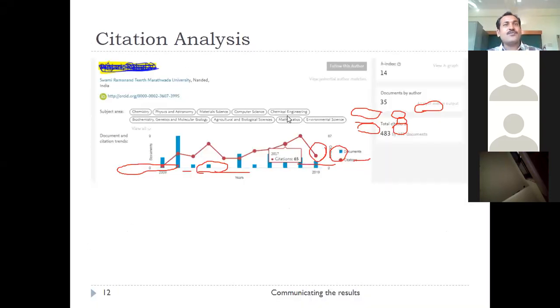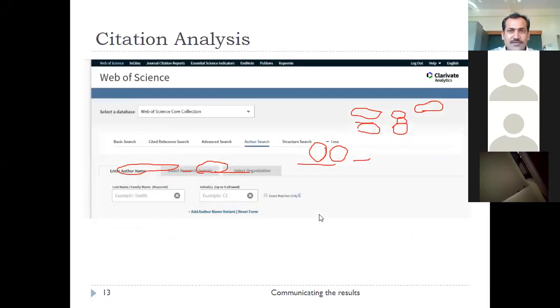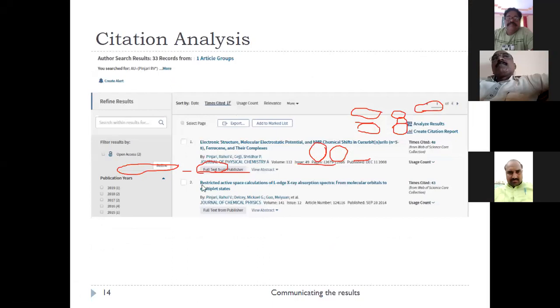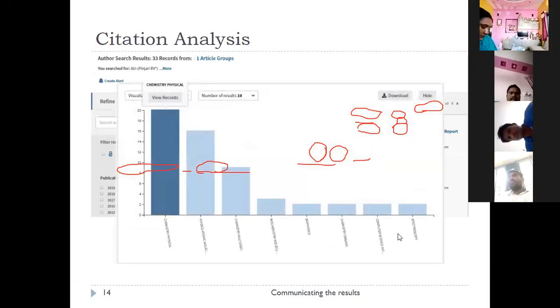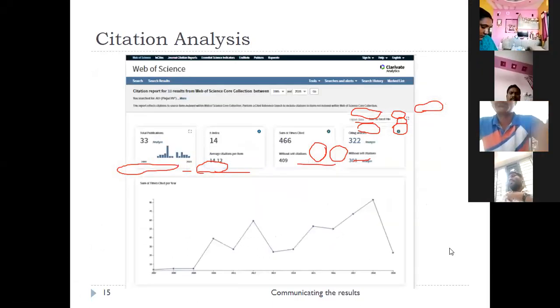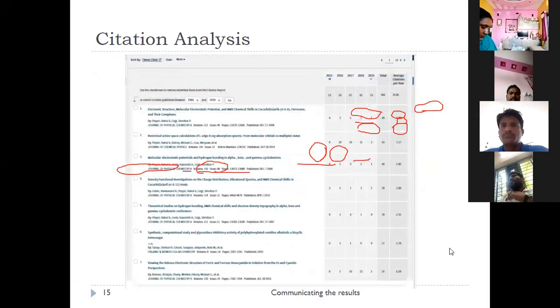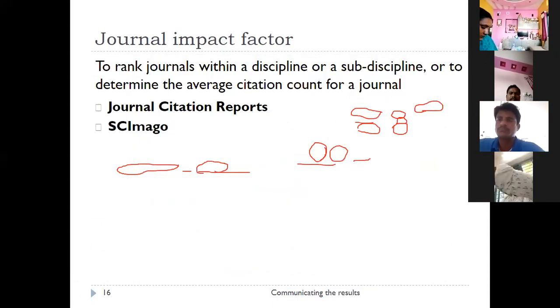Then this is how we can do the citation analysis. I have seen this, so I will not go into much detail. We can have the Web of Science author search as well. I have explained this, so I will not go into much detail. But this is how you can do the citation analysis.